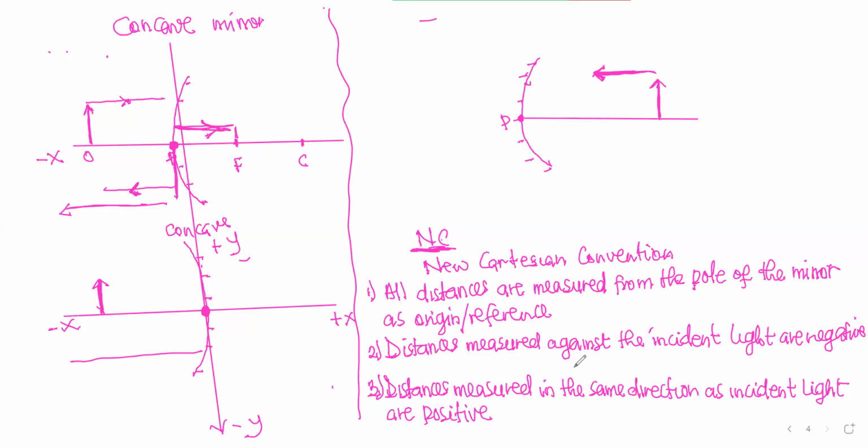Find the nature and position of the image formed in each case. So this time we are using the NC convention. So we have U as 20 centimeter and 4 centimeter and F is 12 centimeter.